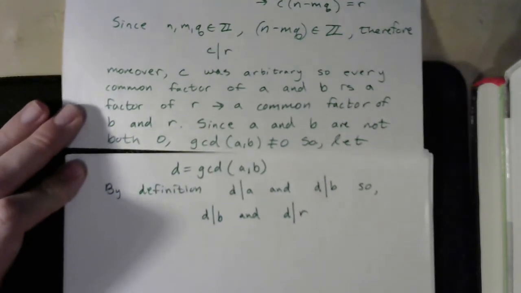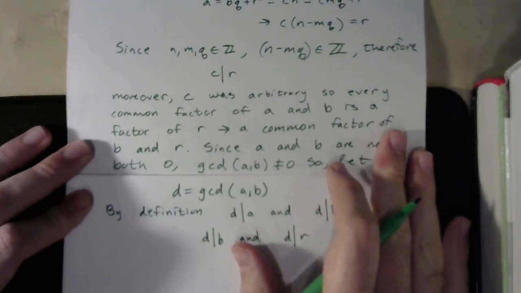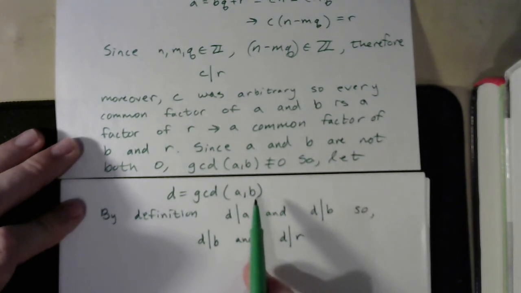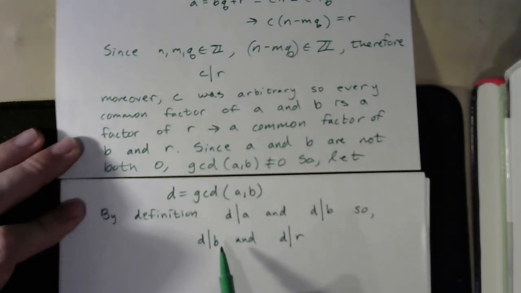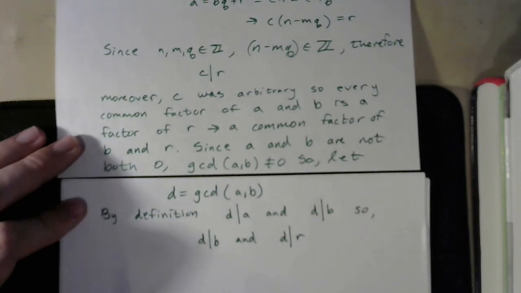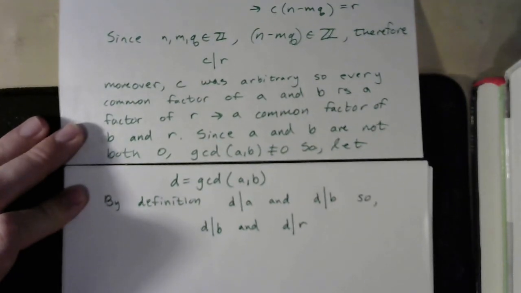Now, we've said something very specific here. We know that D is the GCD for A and B, and we know that D divides B and D divides R, so we know that it is a common factor. Now, some of you might be thinking, isn't this the proof that it is equal to the GCD of B and R? And the answer here is almost.